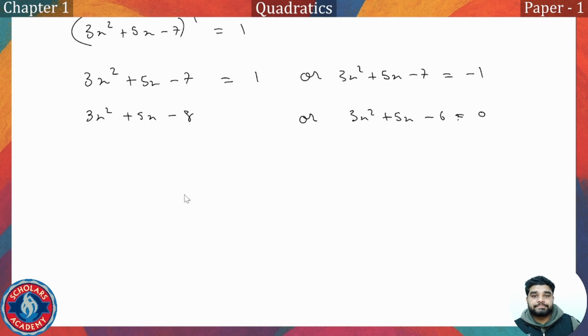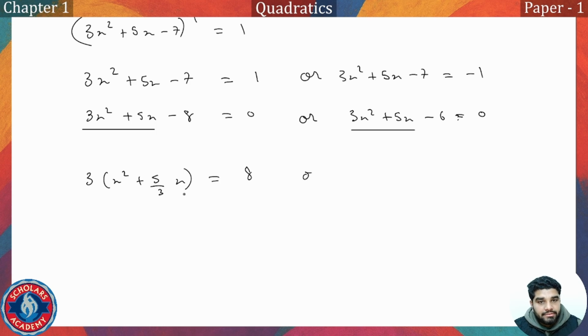Alright. So now I have two quadratic equations, solving them by completing the square. First of all, I need to take 3 common: 3(x² + 5/3 x) = 8, or 3(x² + 5/3 x) = 6.